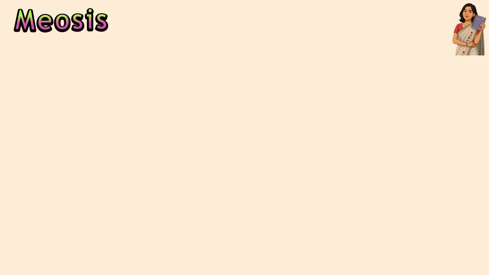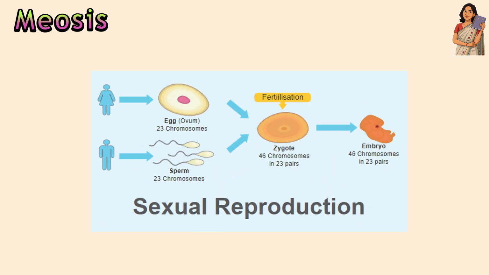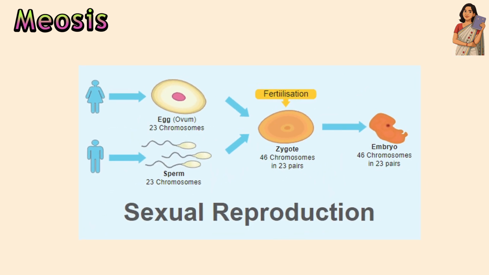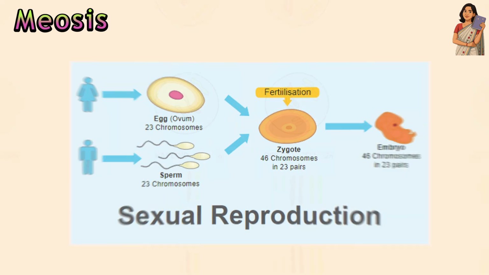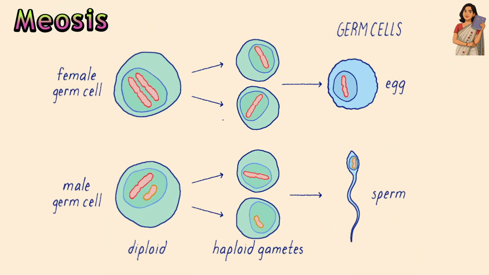For example, humans have 46 chromosomes, but the gametes produced by humans, like sperm and egg, have 23 chromosomes. So the 46 chromosomes are considered the diploid or 2n number, whereas the gametes carry 23 chromosomes, which are called haploid chromosomes.